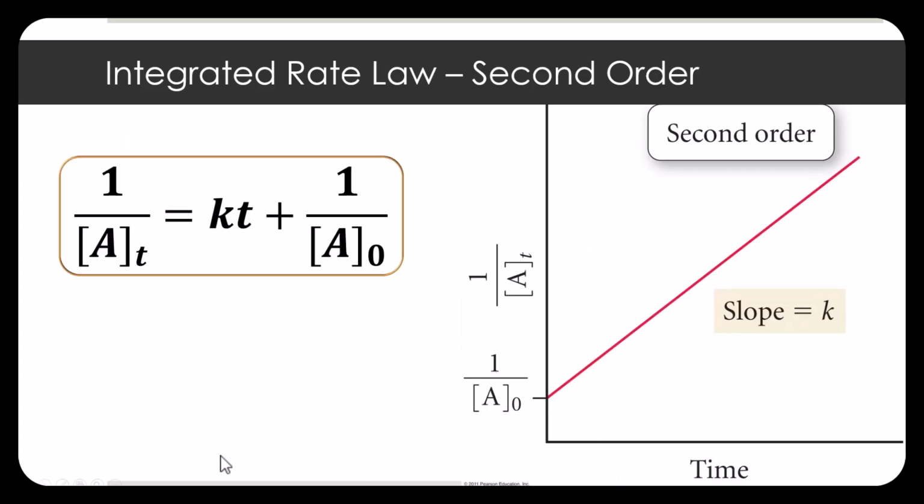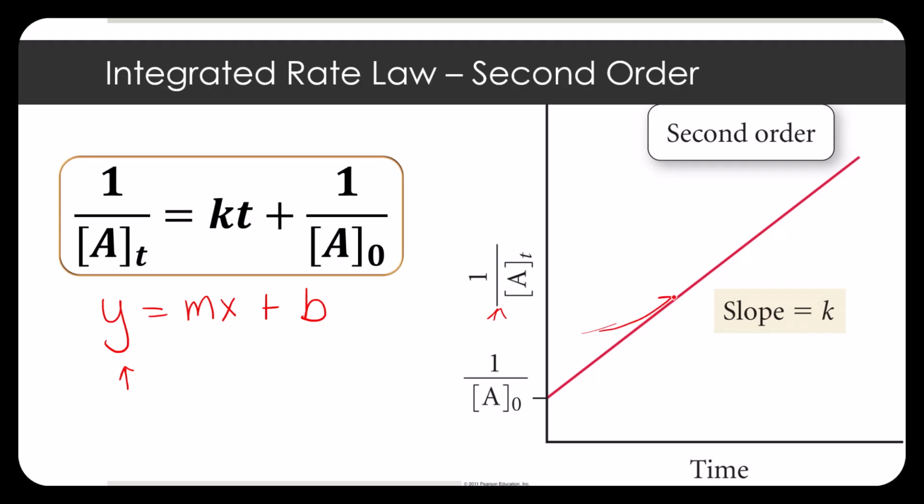Let me remind you what that looks like. y equals mx plus b. On our y-axis, we are going to plot 1 over concentration of A. That's what we see right here. The slope in this case is going to be a positive slope, and that's going to be equal to the K value.